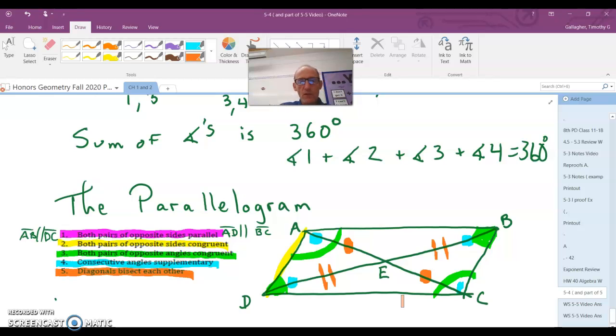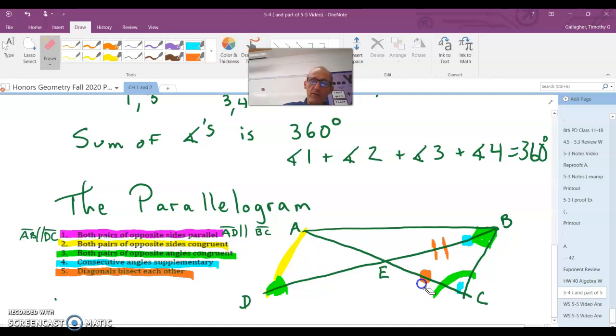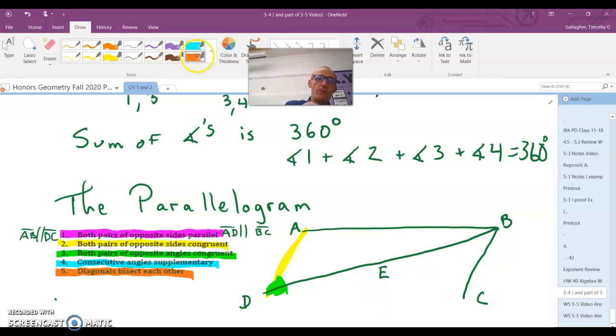Well, there's a lot of ways to show it, so we have to be mindful of that. There's a few ways to go about doing things with the parallelograms, okay? So we have to be careful of how we show that these properties are true, and how we use them. So how are we going to use it?